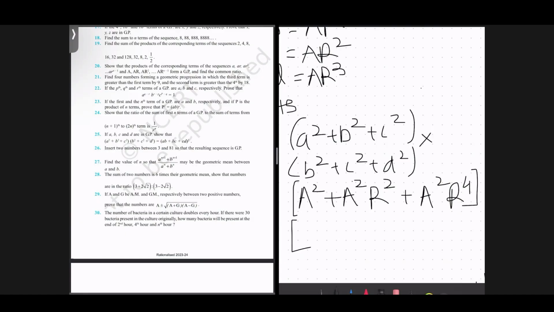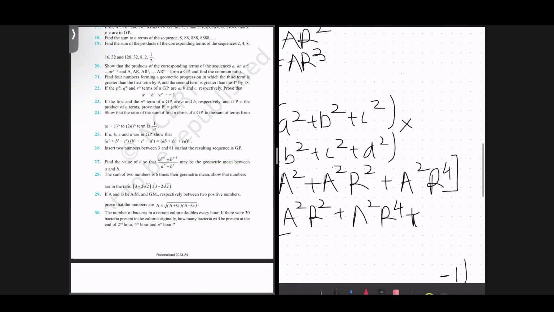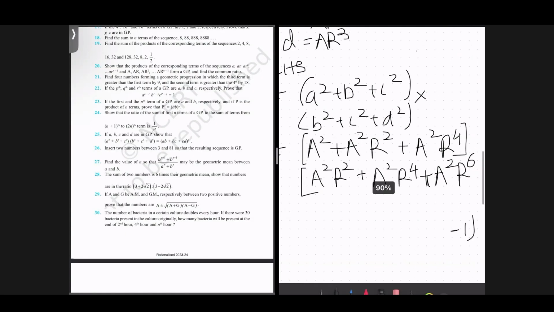And in the second term, you have B square, which is again A square R square, C square is A square R raised to the power 4, plus D square, where D is AR cube, so D square is nothing but A square R raised to the power 6, right?